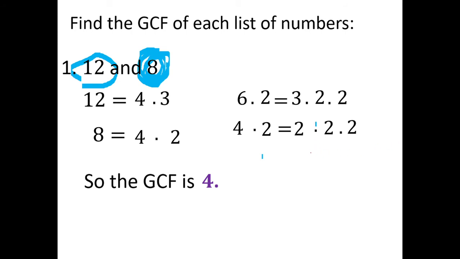Okay, so nakita mo dito, dalawa yung 2, dalawa rin yung 2. So 2 times 2 is 4. Yun ang GCF natin, di ba? Pero mas madali ito kung ako ang tatanungin.